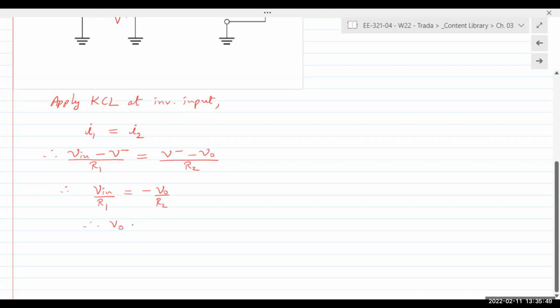This is O, not 0. So VO is minus the input voltage times R2 over R1. That is the equation for the output voltage. And my voltage gain AV, which is given by VO over Vin, is minus R2 over R1.